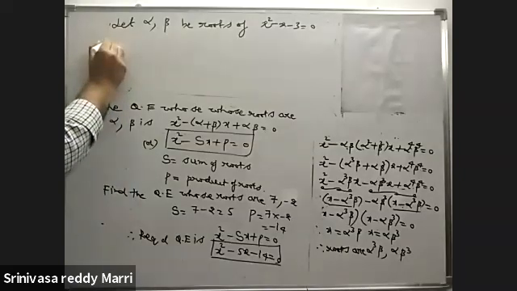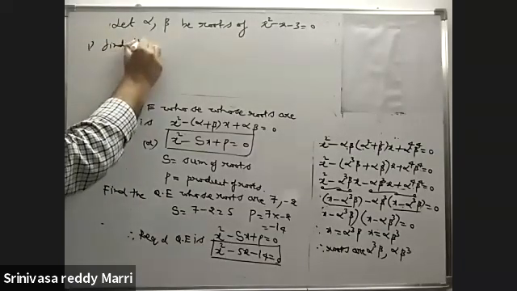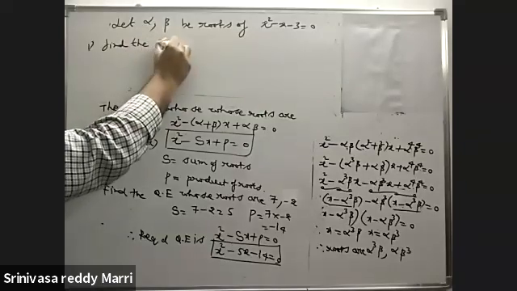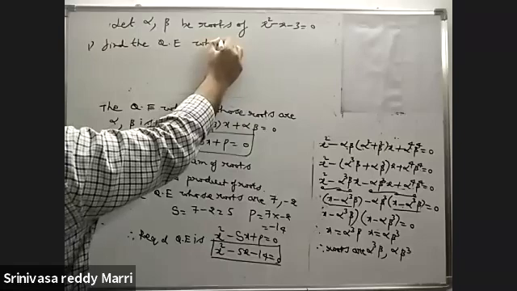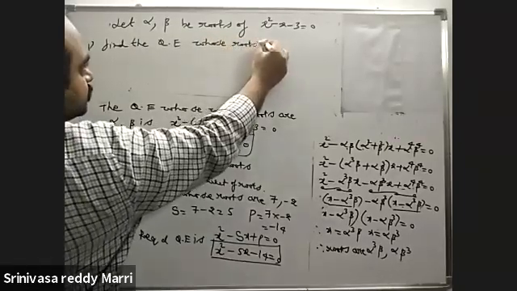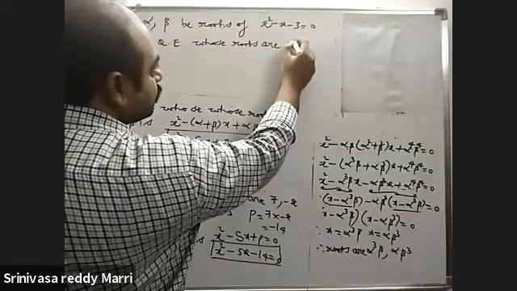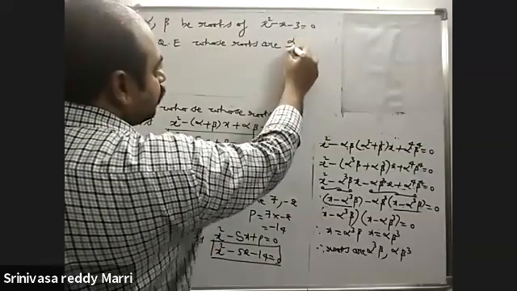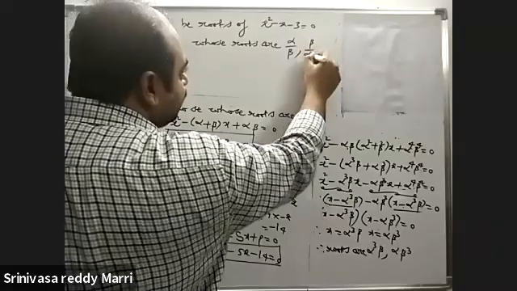Find the quadratic equation. First question: find the quadratic equation whose roots are alpha by beta comma beta by alpha.